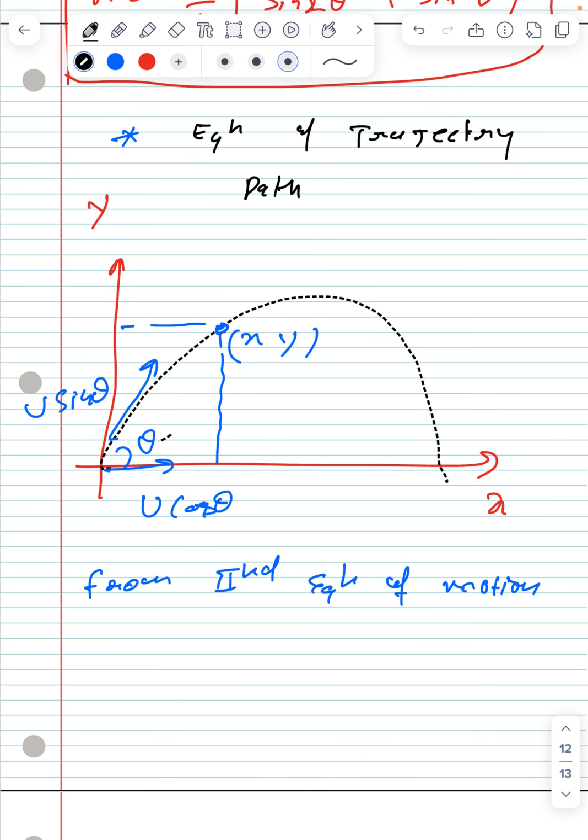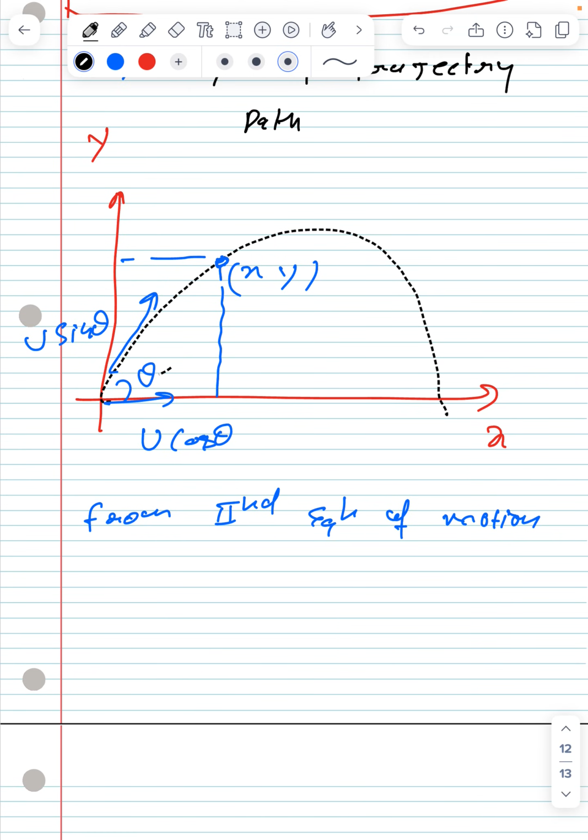Initially, calculate the x coordinate from the second equation.